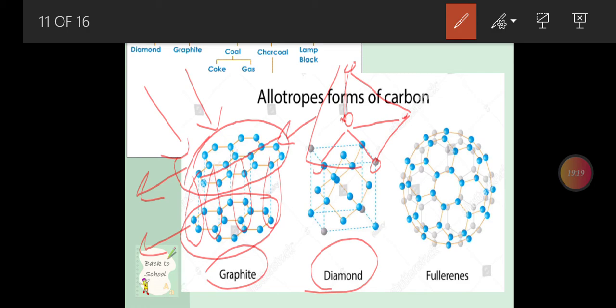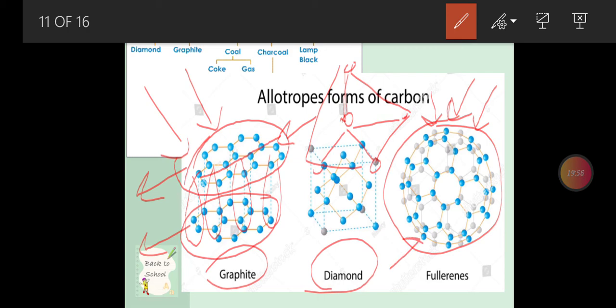And if we look at the third form, that is buckyballs. In buckyballs, 60 carbon atoms are involved, and they are arranged in the form of a hollow sphere. Carbon atoms are arranged in the form of pentagons and hexagons, just like a soccer ball.